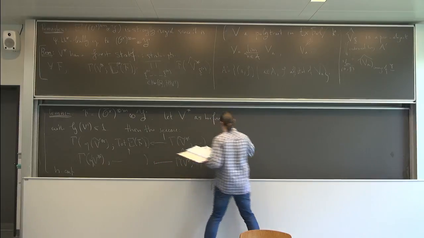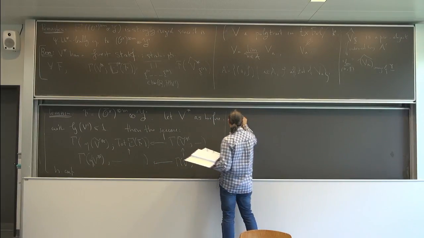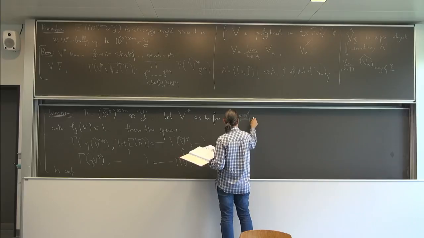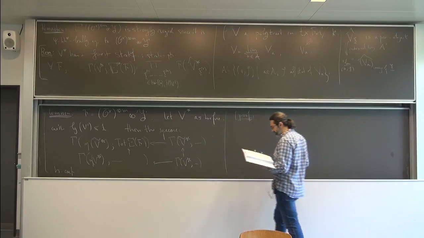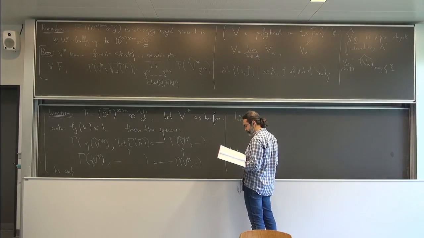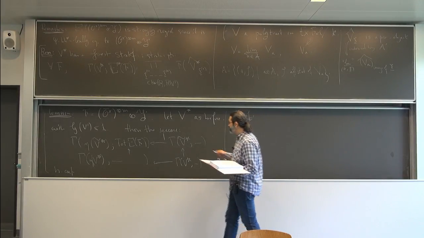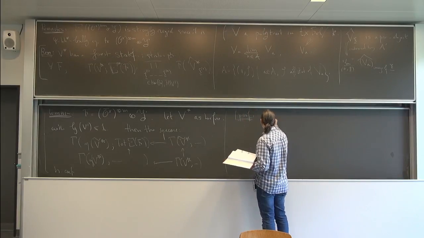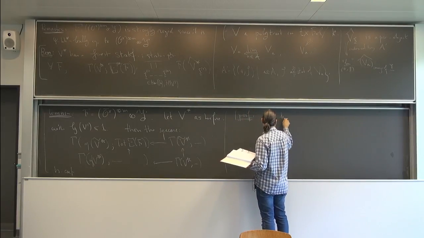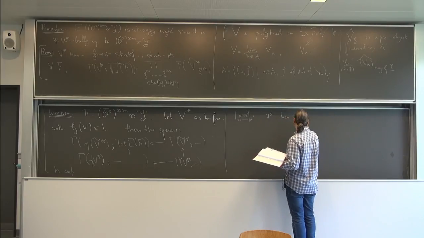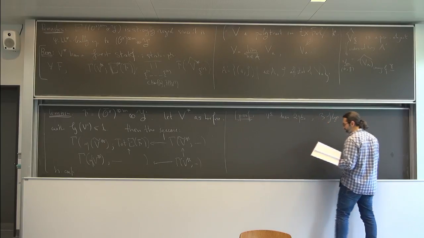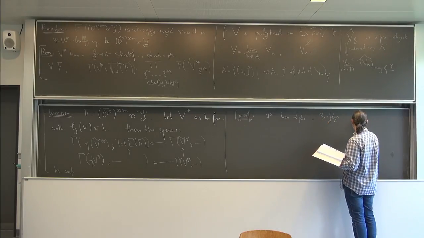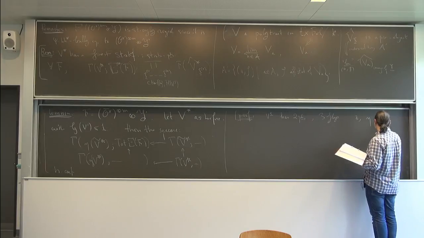Okay, so why is this the case? Let's see. So v1 has 2 points, right? And therefore 3 flags, namely the flag sigma, the flag eta, and the flag sigma eta.